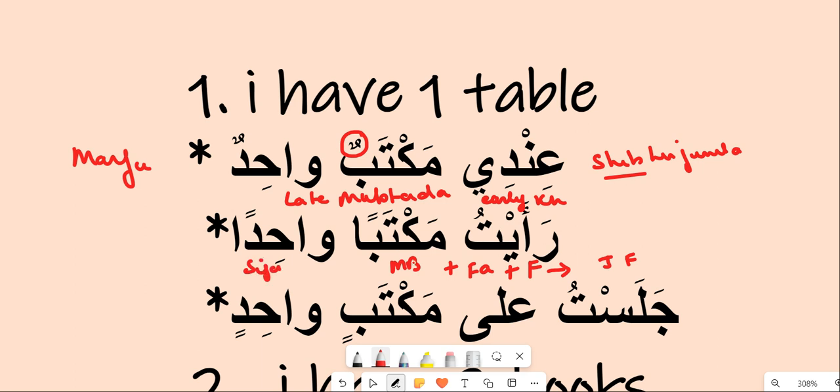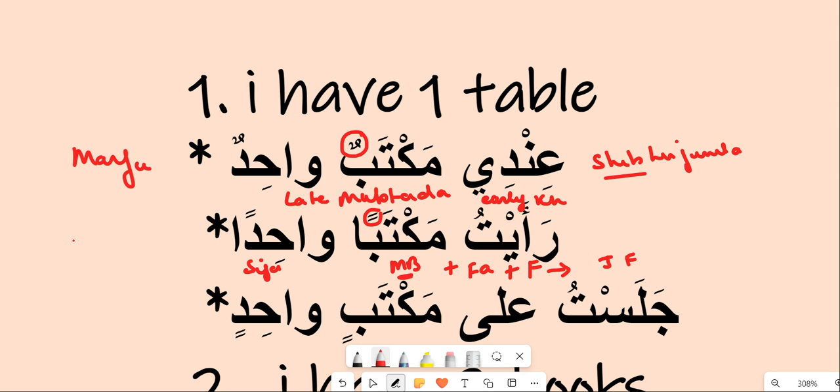So the noun that falls in the position of maf'ul bihi gets a fatha. So in this case, this is nakira, it will have a fathatain. And you know that 1 and 2 always follow the mawsuf sifa structure and they are nakira. Remember, that's the main point.